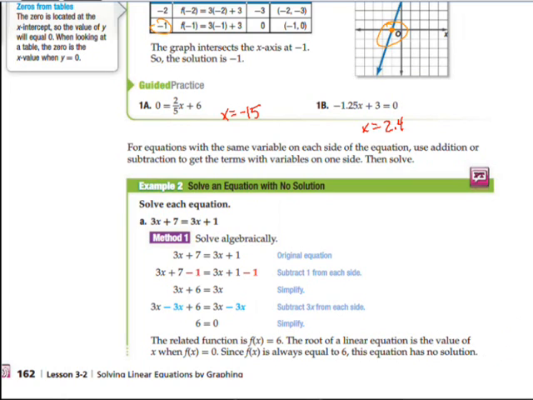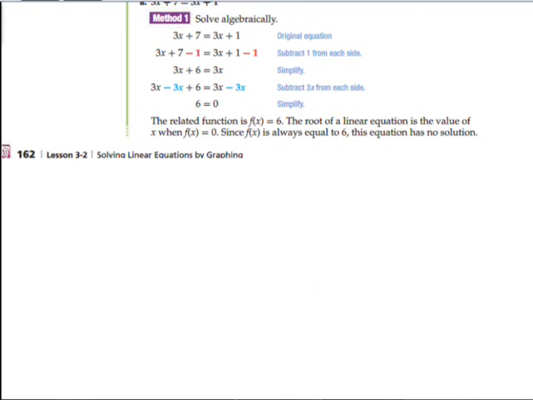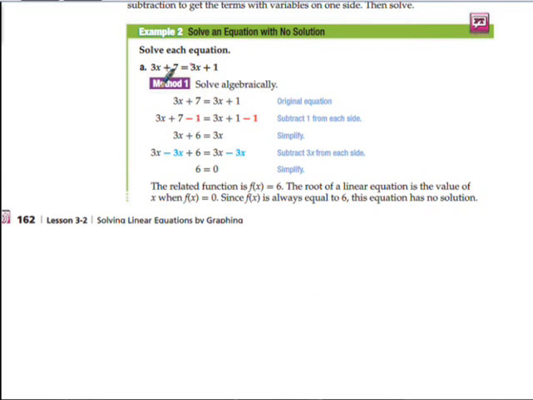Let's look at another one down here. To solve this algebraically, this is a no solution problem. We would end up with 3x, you keep working, at the bottom we end up with 6 equals 0. The related function then is f of x equals 6. And there is no root. Since f of x is always 6, this equation has no solution.